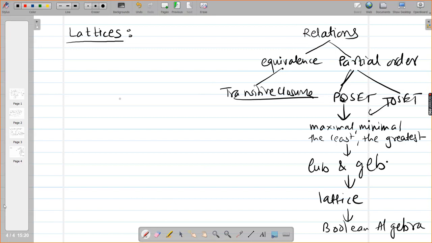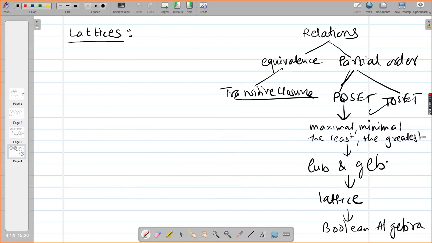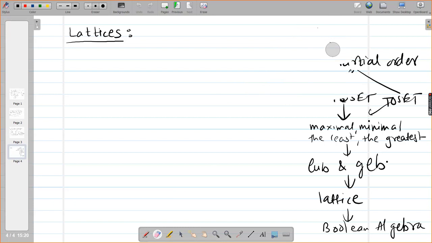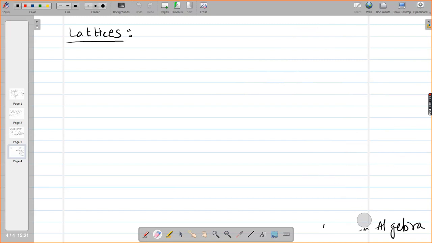Now, what is a lattice? As I showed you in the last example, every pair of elements need not have GLB and LUB. But if it happens in a poset that every pair of elements has GLB and LUB, of course it will be unique, then that poset is called a lattice. Write the definition of a lattice.